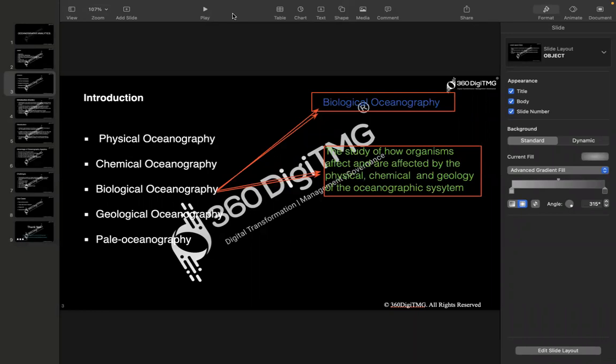So the second main motivation behind the continuous study of biological oceanography is climate change.